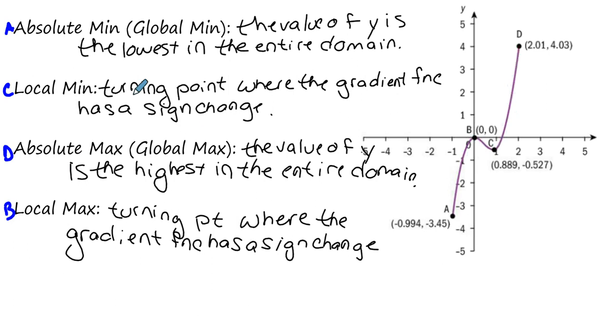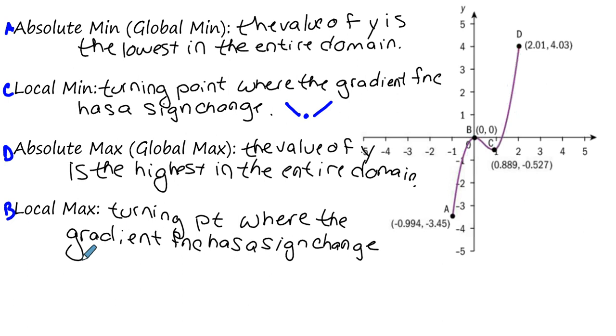B. So the local min, C, occurs when it goes from decreasing to increasing. C goes from decreasing to increasing. So slope is negative, 0, slope is positive.